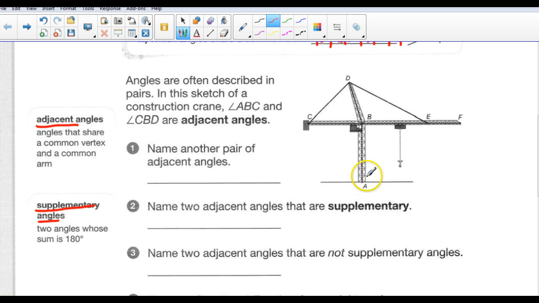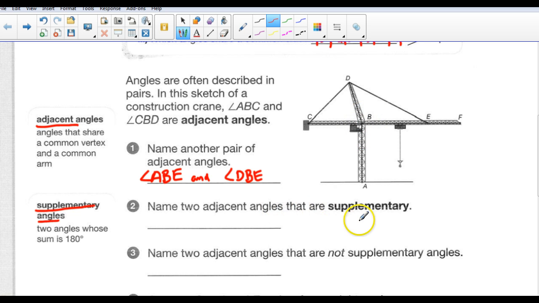Well, we've got this angle right here, angle ABE, and it shares this arm with angle DBE. Okay, you can see the two of them form that angle right there.